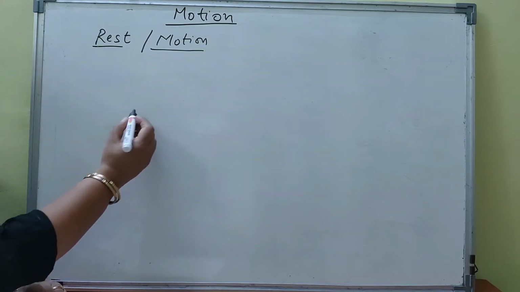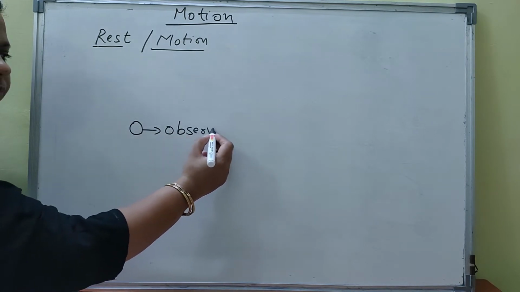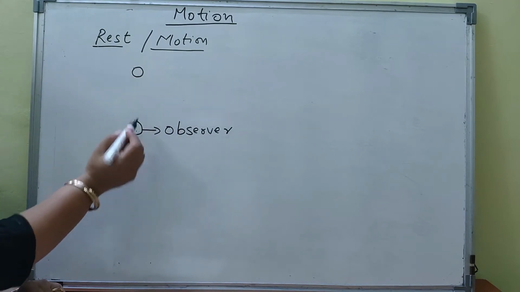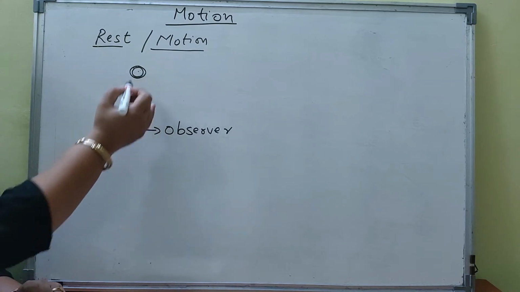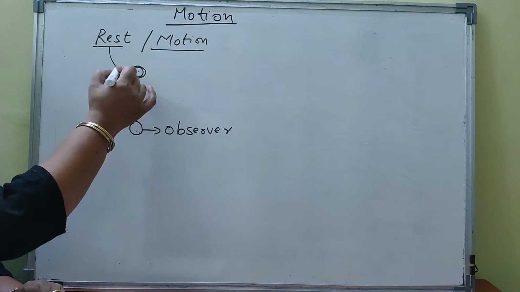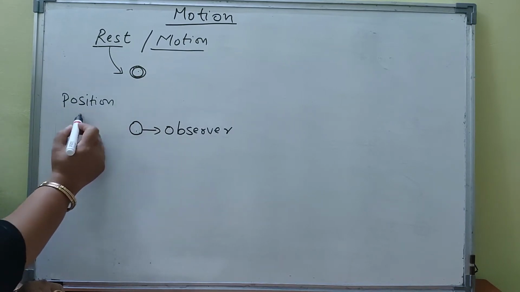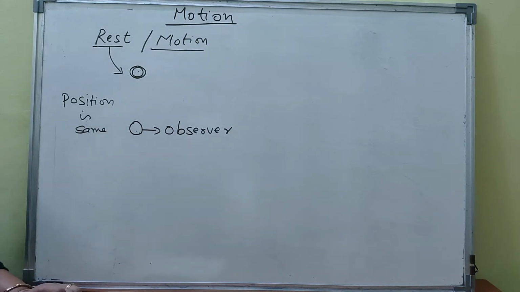Means if I have an observer here and another object is here, if the position of this object is the same with respect to this observer, we say it is at rest.